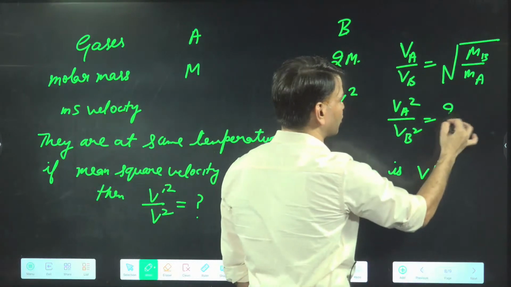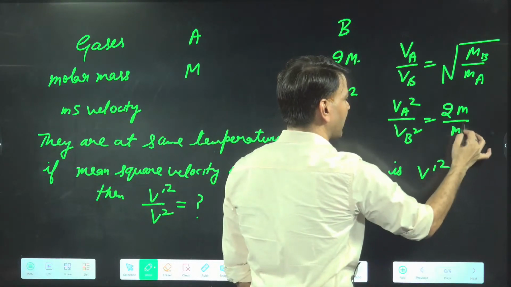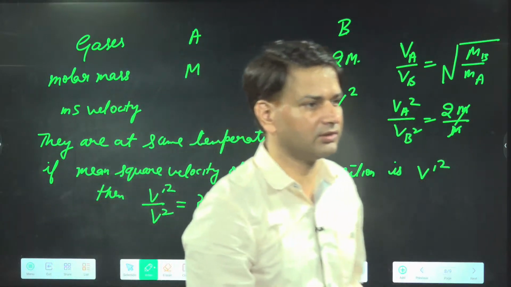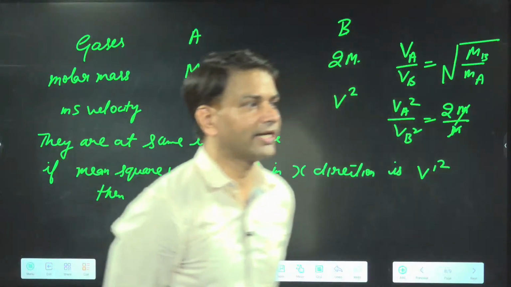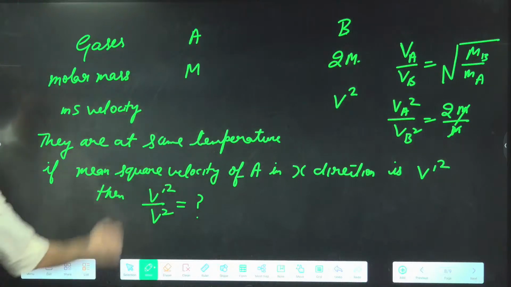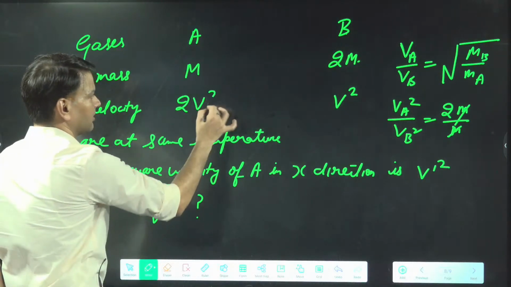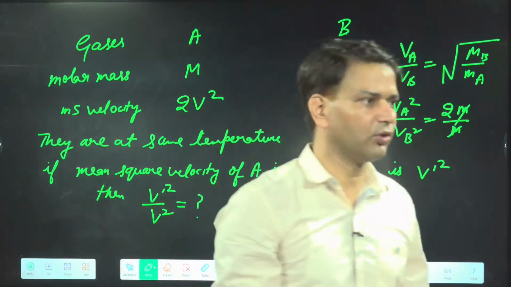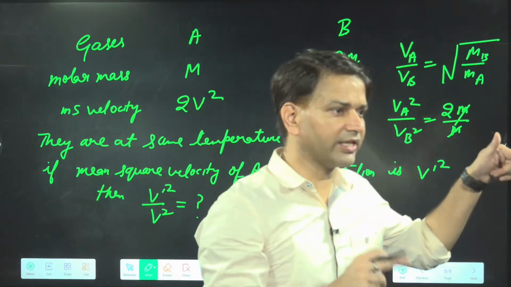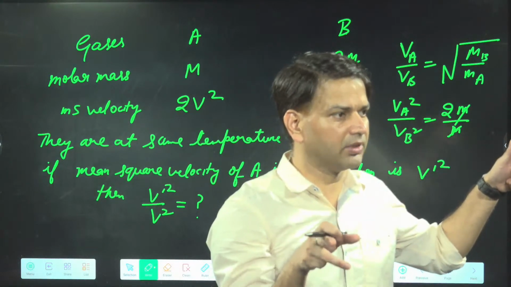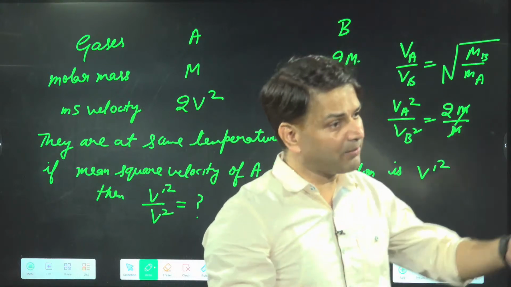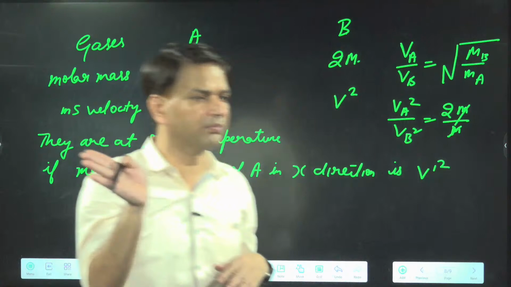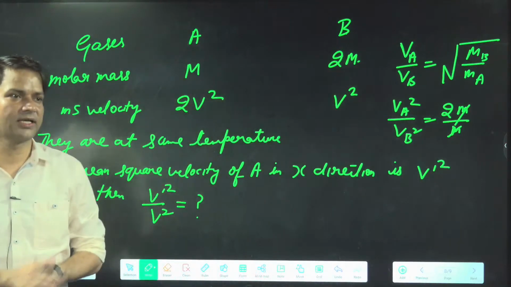MB is double, so 2M upon M. So M and M cancel out. What is the VA square you got? 2 VB square. Yes or no? So I can say the mean square velocity of A is 2V square. This everybody got or not? Molar mass is half, okay? But velocity is inversely proportional to root M. But I am asking the velocity square, so velocity square will be inversely proportional to M. Say yes or no?